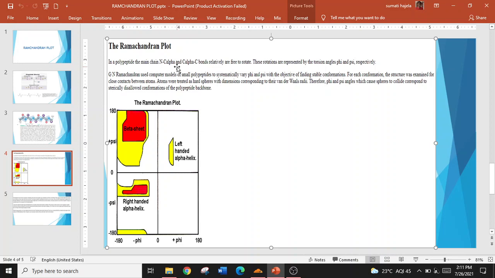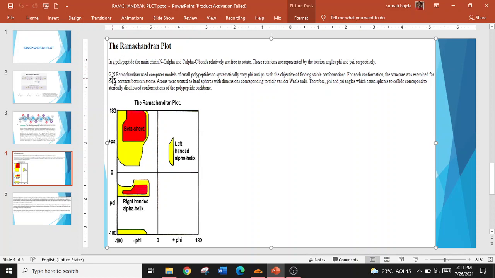In the polypeptide main chain, the N-C alpha and C alpha-C bonds are relatively free to rotate, which I have already told you. These rotations are represented by torsion angles phi and psi respectively.